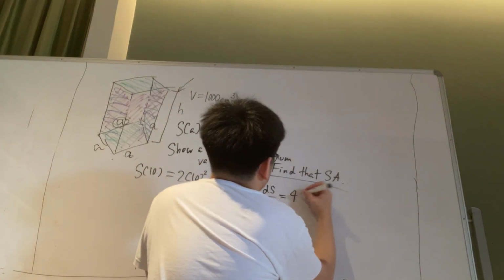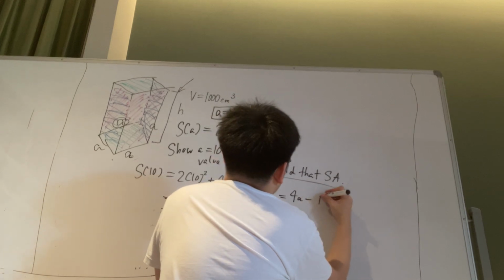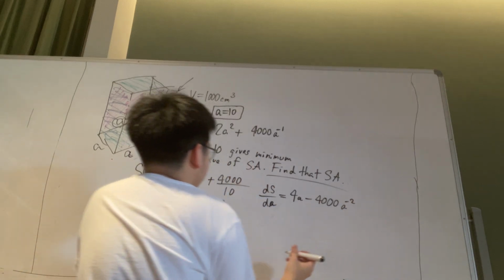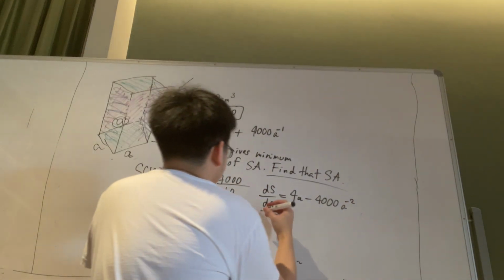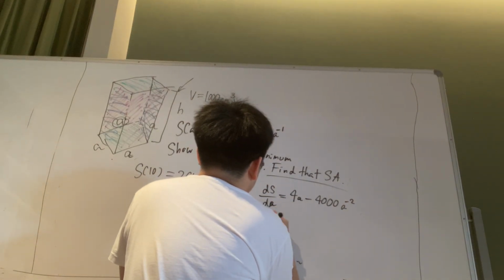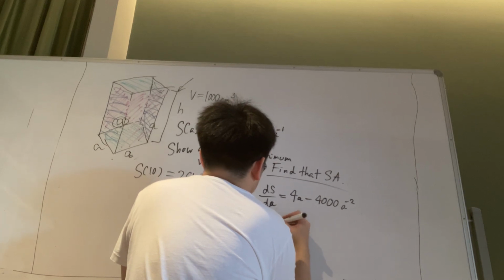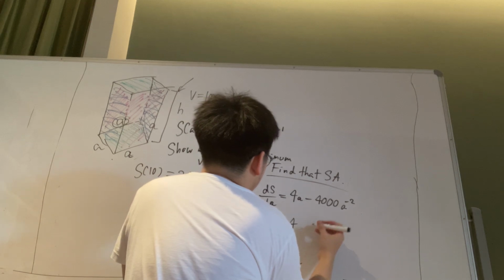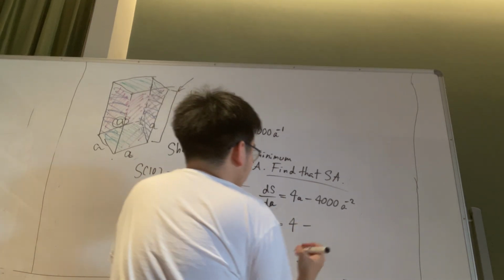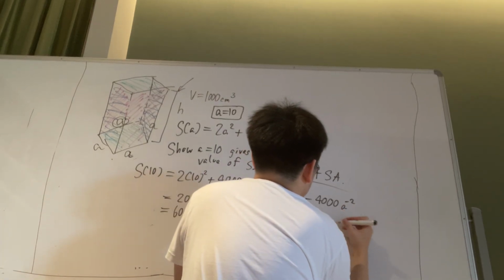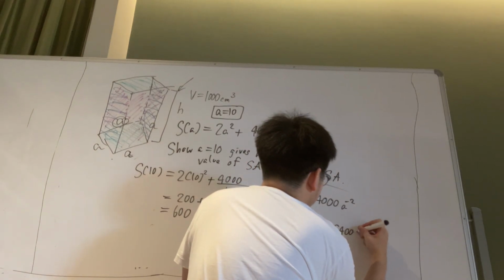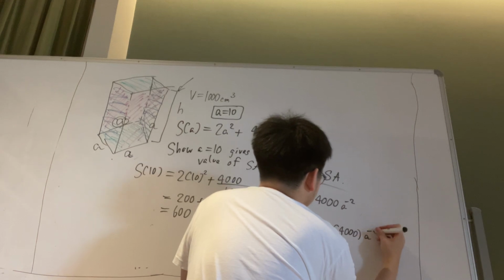That's 4a. That's minus 4,000 a to the negative 2. And if we do this again, d squared S over dA squared, that's 4 minus 2 times 4,000 a to the minus 3.